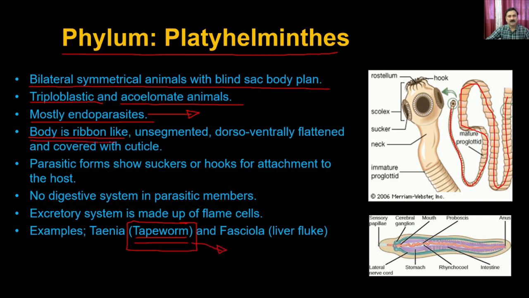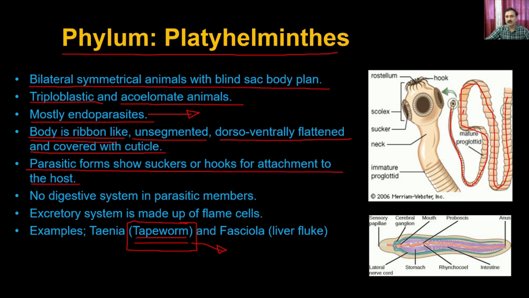So the body is ribbon-like, unsegmented, dorsoventrally flattened and covered with cuticle. Cuticle is a kind of covering. The parasitic forms show suckers or hooks for attachment to the host.